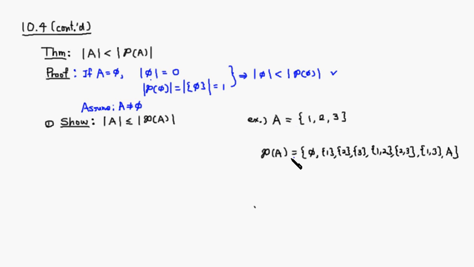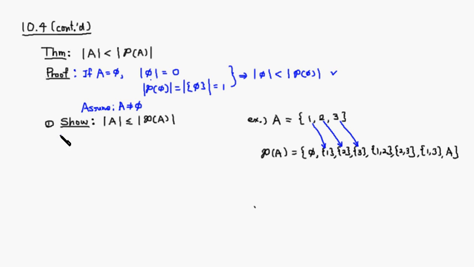I already wrote its power set, listing the elements of the power set. Then the most natural way to get a one-to-one function would be sending 1 to the set with only 1 in it, 2 to the set with 2 in it, and 3 to the set with 3 in it, right? That would be a one-to-one function. So that's the idea. So let's try to prove this.